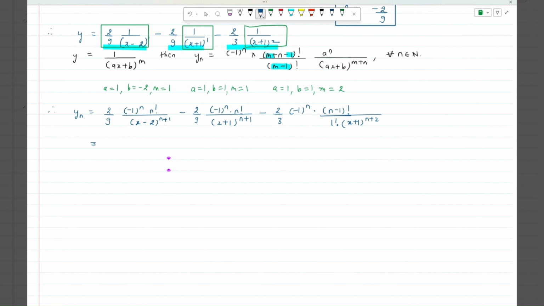We got to make certain simplifications by factoring out common terms. So we can see that negative 1 power n is common across. We can also factor out (n minus 1) factorial. And from the constant, we can factor out 2 by 3. Thus, in the first term, we will be left with n divided by 3 times (x minus 2) power n plus 1.